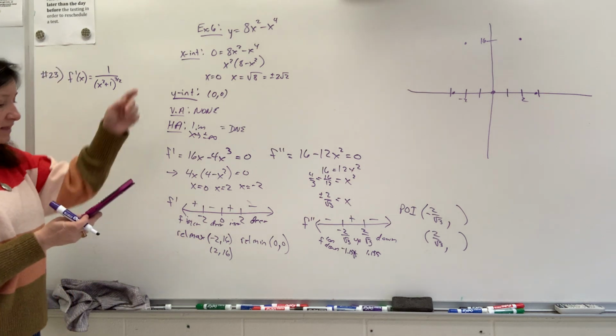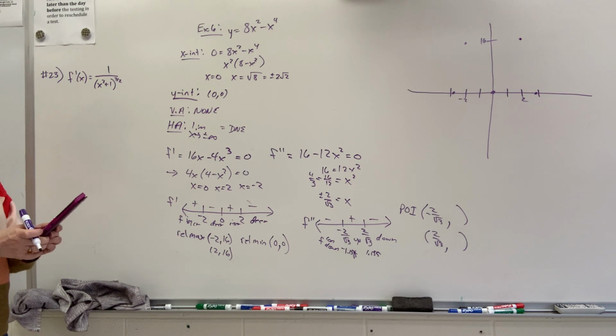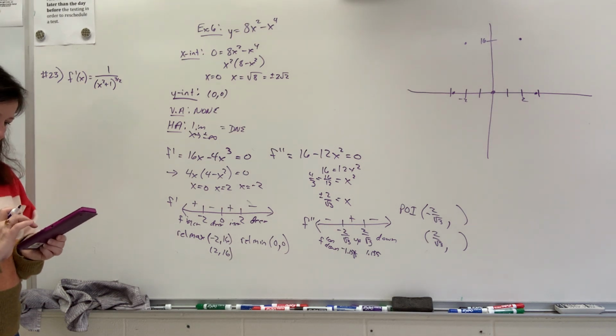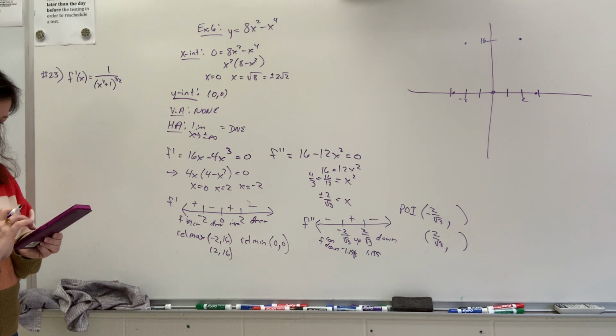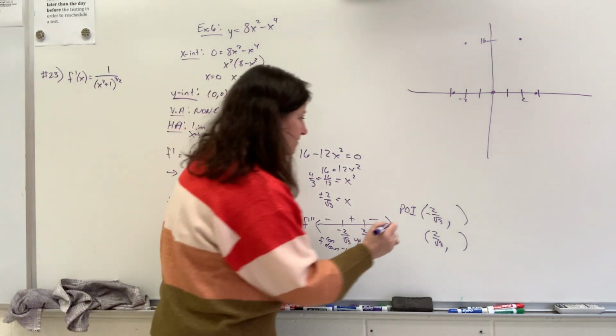Okay, so if we plug that in, we get, I'm going to square it, times 8 minus, okay, so it comes out to be 8.8 repeating.